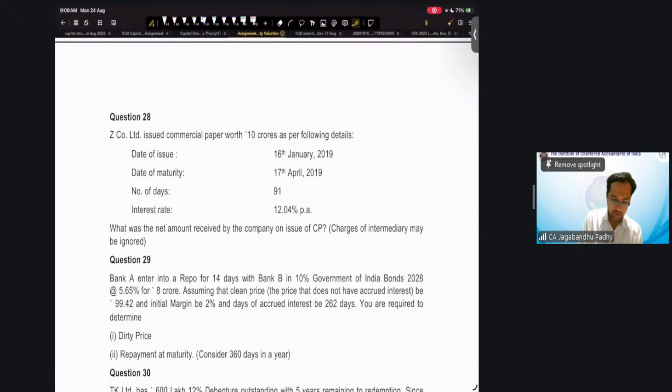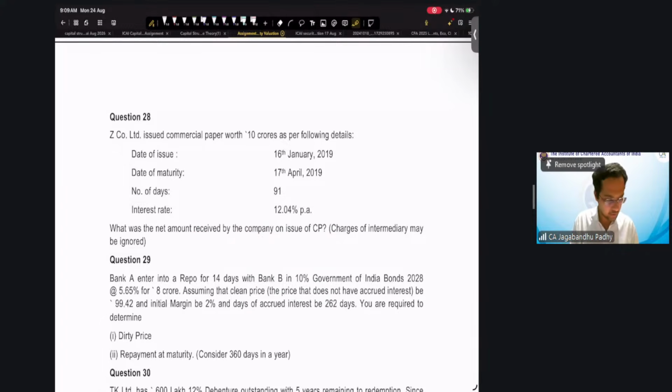Z Limited issued commercial paper worth 10 crores as per the following details. Date of issue is given, date of maturity is given, number of days is specified, and also the interest rate of 12.04% is given. What was the net amount issued to the company on issue of commercial paper?